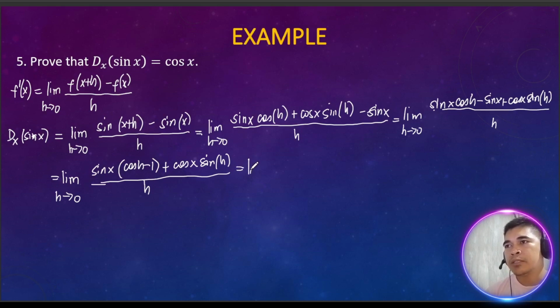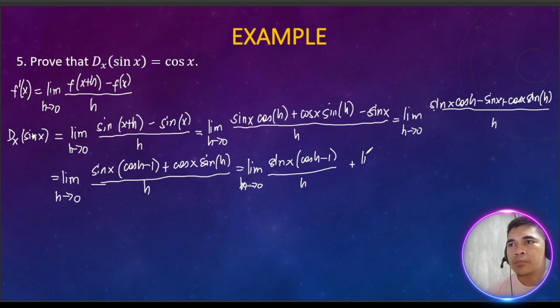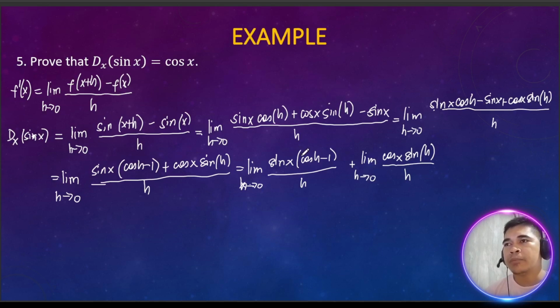So we have the limit of sine x times (cosine h minus 1) over h as h approaches 0, plus the limit of cosine x sine h over h as h approaches 0. So applying the previous theorem from the previous chapter, we can use this to get the answer.